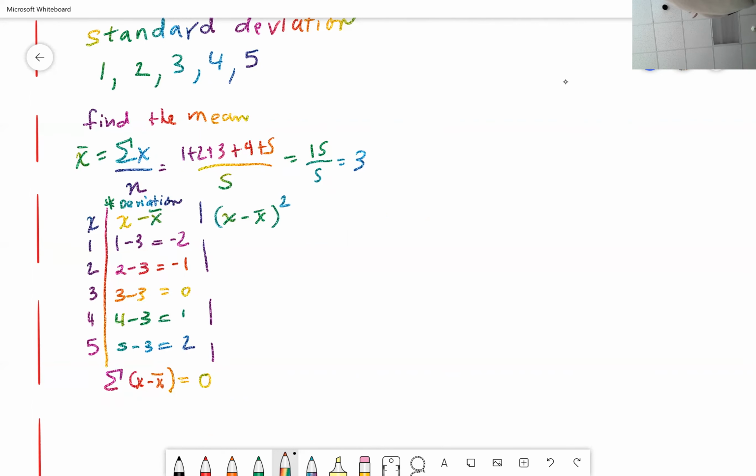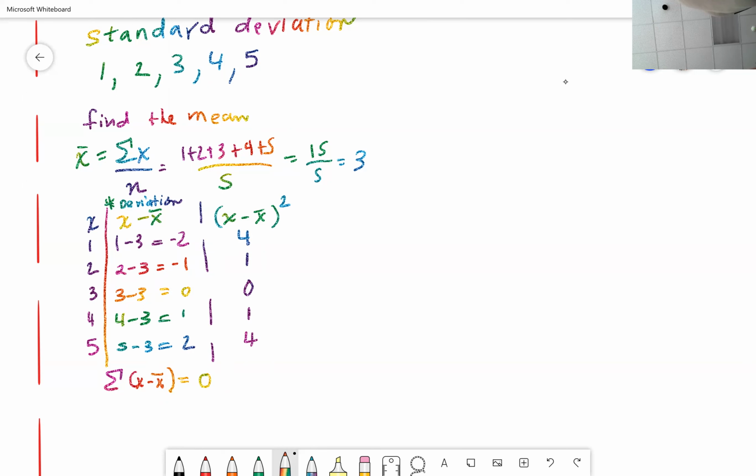-2 squared is 4. It's positive. When you square a negative, it comes out positive. Be careful with your calculator. -1 squared is 1. 0 squared is 0. 1 squared is 1. 2 squared is 4.